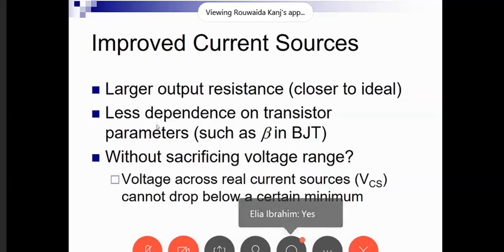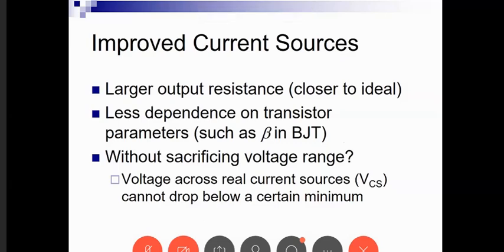With the BJT, as we will see next, there was an error term. So people made more effort to improve those current sources so that the effective resistance will tend to infinity, becoming very large, like the ideal current source. We are trying to increase the output resistance to get close to the ideal, which is infinite.